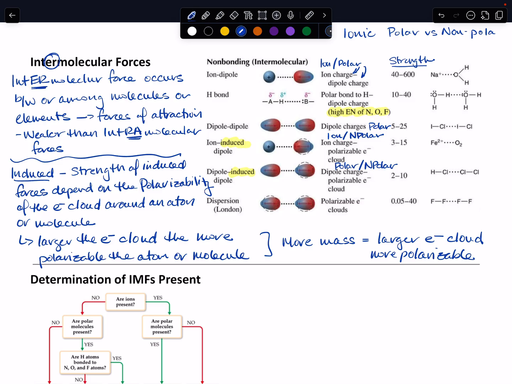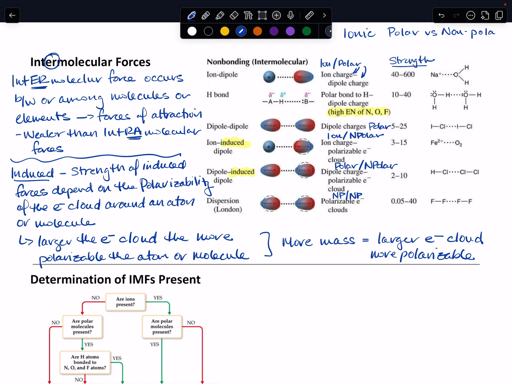And then finally, dispersion, also known as London dispersion forces. This is a nonpolar interaction. If you think about it, electrons are moving, and at any one time, maybe in one of your nonpolar molecules in your sample, the electrons just all happen to be on one side.